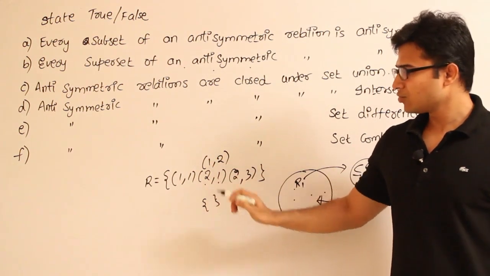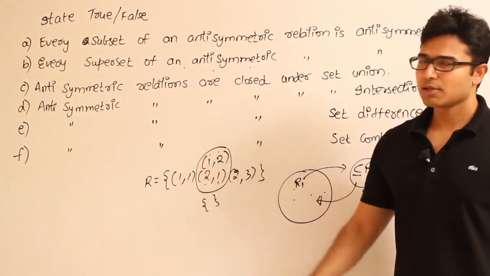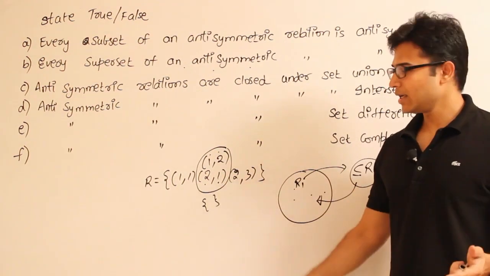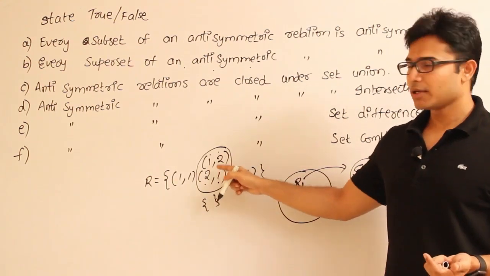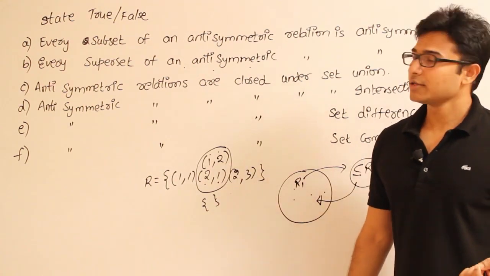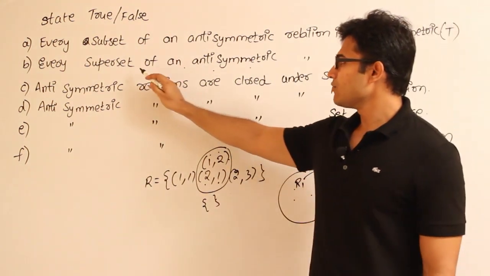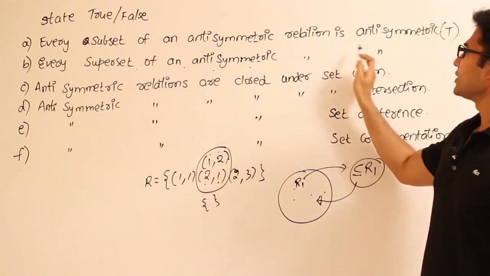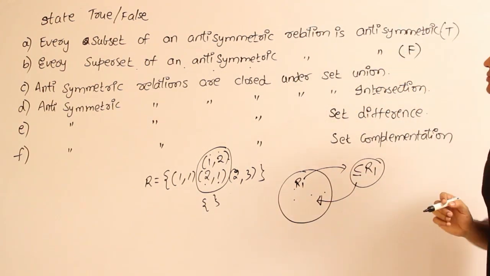Because of the presence of 2 comma 1, by adding 1 comma 2 we are introducing a symmetric pair, which means x comma y and y comma x both belong to R, and by definition if you have any such pair it cannot be antisymmetric. Therefore a superset cannot be antisymmetric. So every superset of an antisymmetric relation is antisymmetric is going to be false.